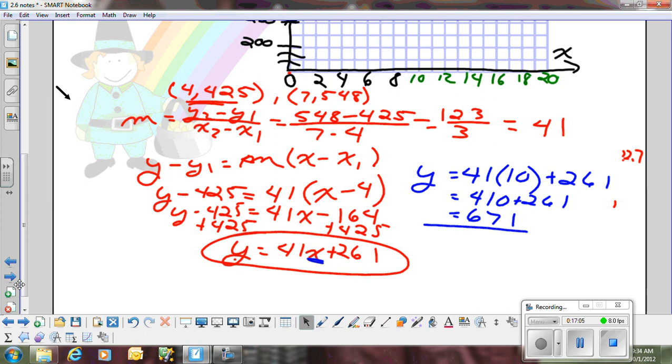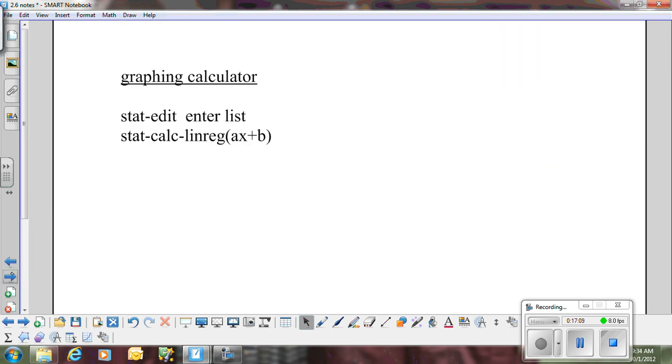So get your calculator out. I want you to push the stat button. It's in the second row, right close to the little arrows there. So push the stat button. Okay, the edit should be already highlighted. So I want you to push enter. You should have 2 columns, L1 and L2.